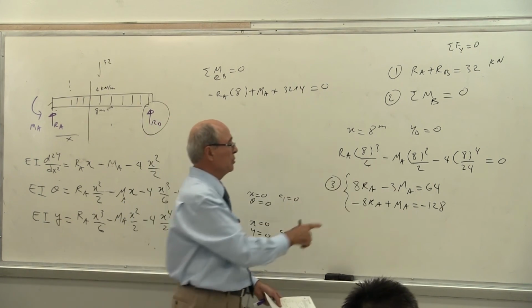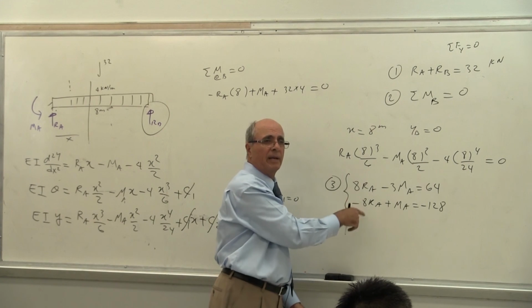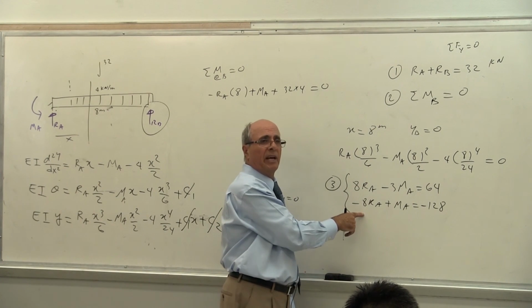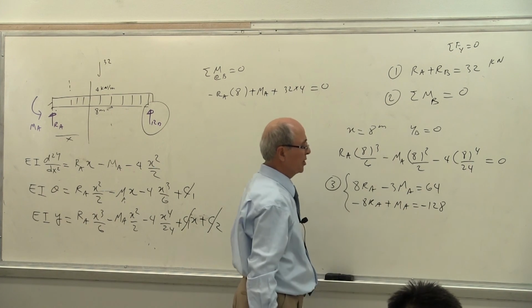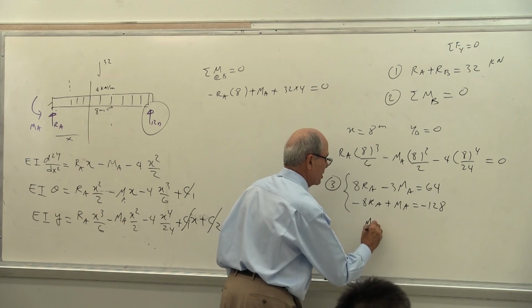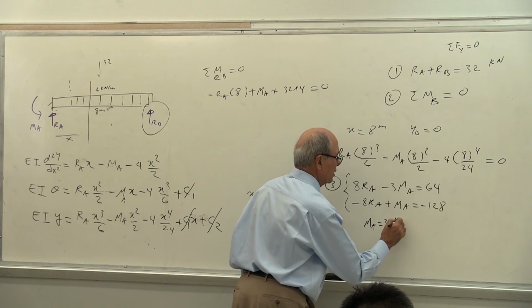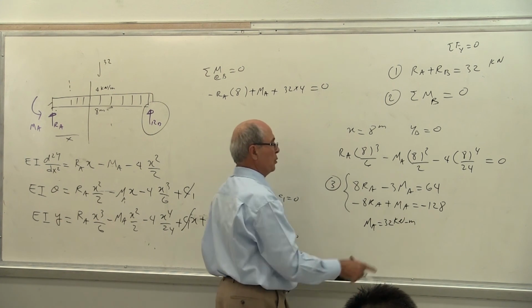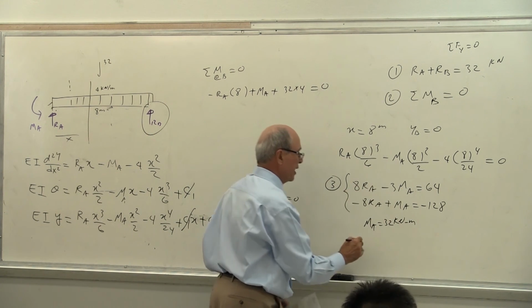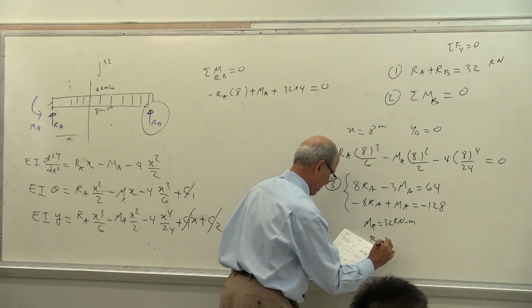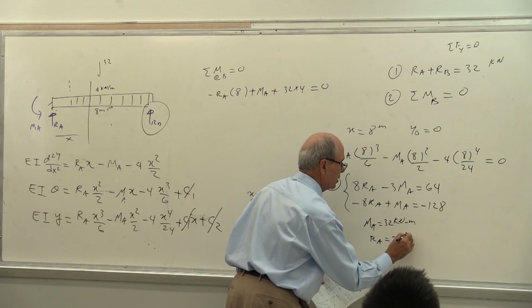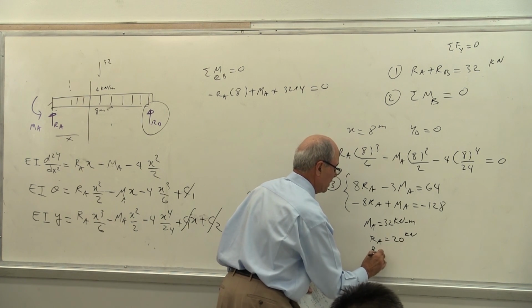When you add these two together, 8 RA and minus 8 RA are eliminated. You have minus 2 MA equal to minus 64. Therefore, MA becomes equal to 32 kilonewton meter. You put MA here, you calculate RA. RA becomes equal to 20 kilonewton, and RB becomes equal.